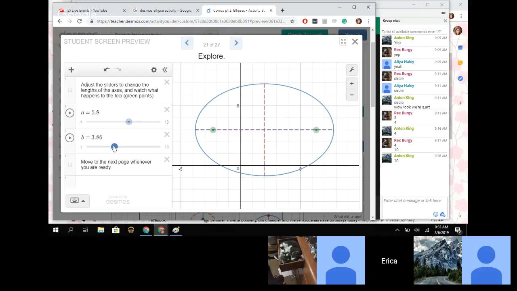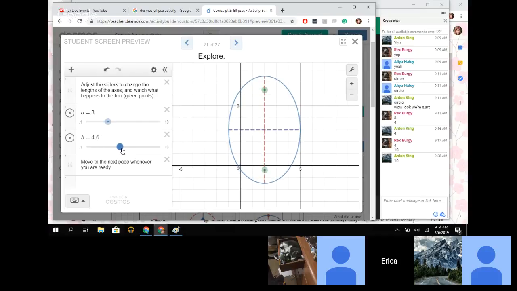Someone was also asking, I think it was you, Anton, what happens if your ellipse goes the other way? Well, that's the case where instead of having a horizontal ellipse, say we make this 3 and we make this 5.